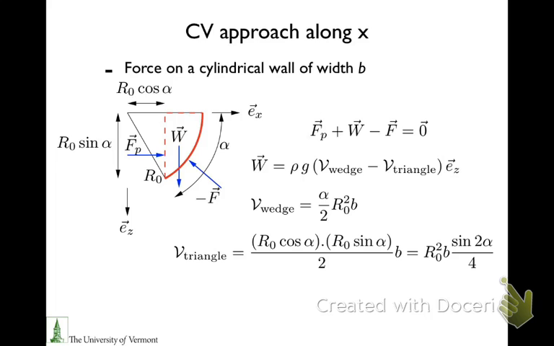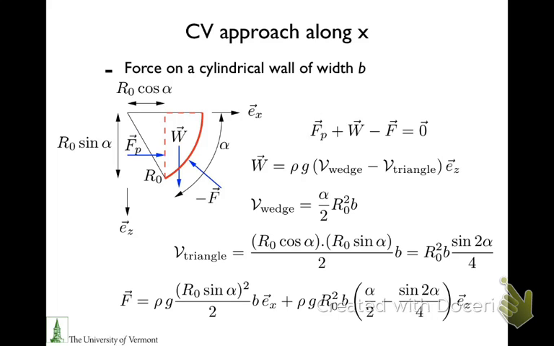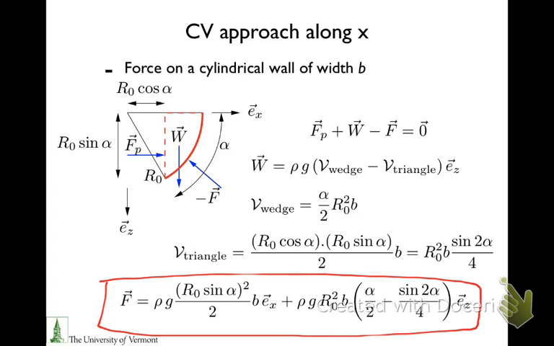Now sine alpha times cosine alpha is equal to sine 2 alpha divided by 2, hence the result. And with this, we easily get the same formula as before, and we have the full expression of the force.